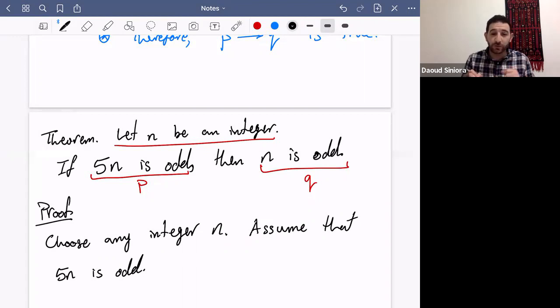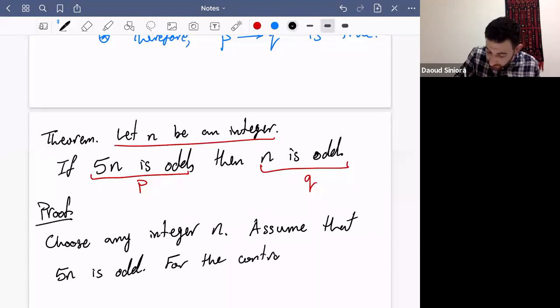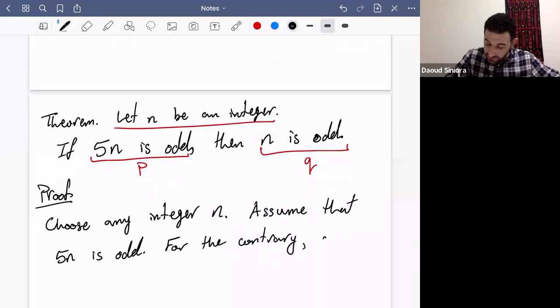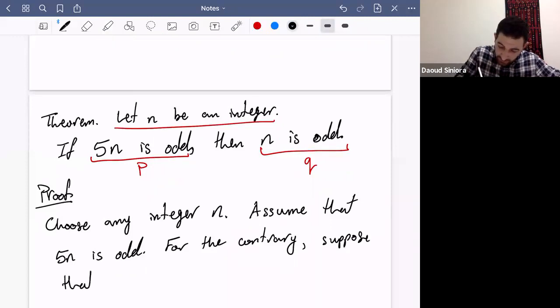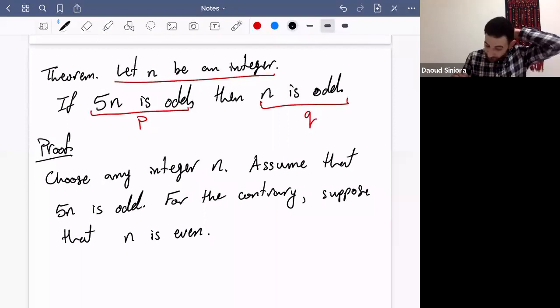Now we want to show that Q, the conclusion, is true. So we want to show n is odd. But we will show this by contradiction. So we say here, for the contrary, suppose Q is false, which means suppose that n is not odd, that n is even. And now we need to get a contradiction.